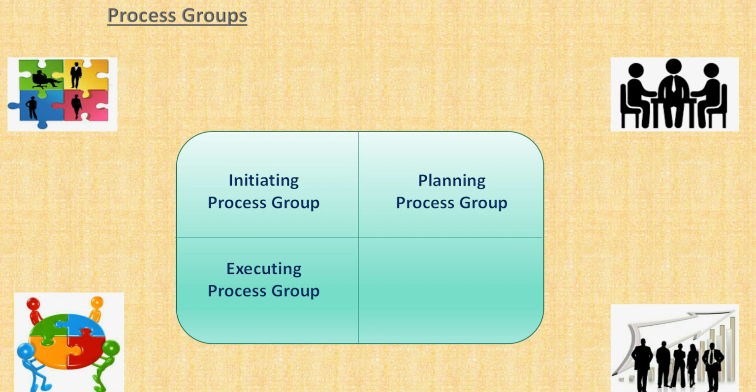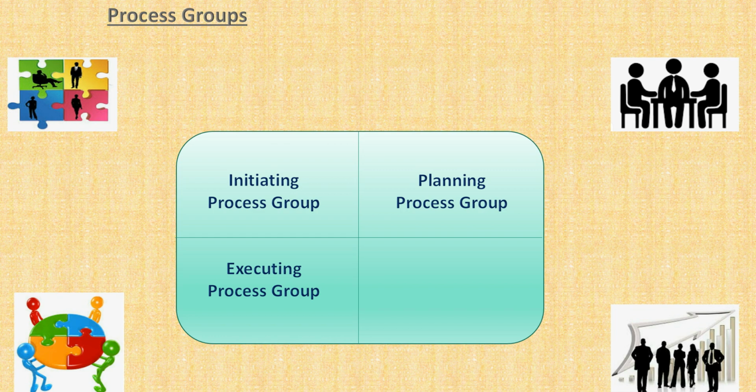So that particular acquire resources process will fall under the executing process group, which is this one, the third quadrant. Fine. So basically, whatever we are doing to deliver or produce something, all those processes come under the executing process group.